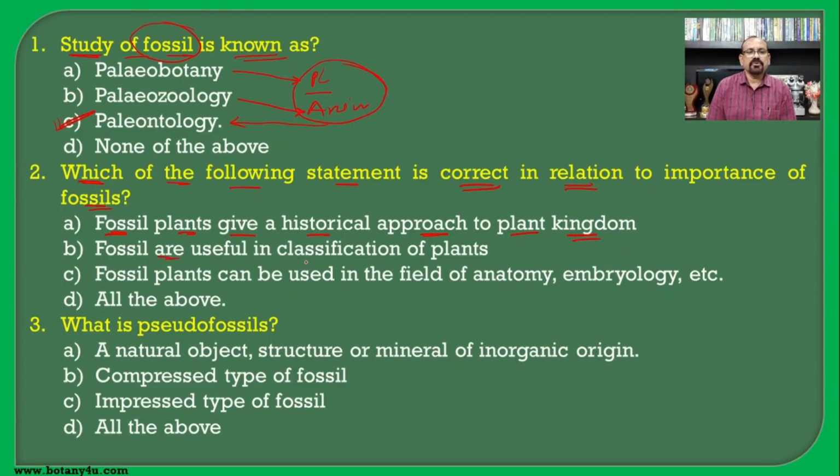Then fossils are useful in classification of the plants. This is also the correct one, because there is strong support from Paleobotany for the classification of the plant kingdom. Then the fossil plants can be used in the field of anatomy as well as the embryology, etc. And this is also the correct statement. And hence all these three statements are correct, and hence the answer will be D.